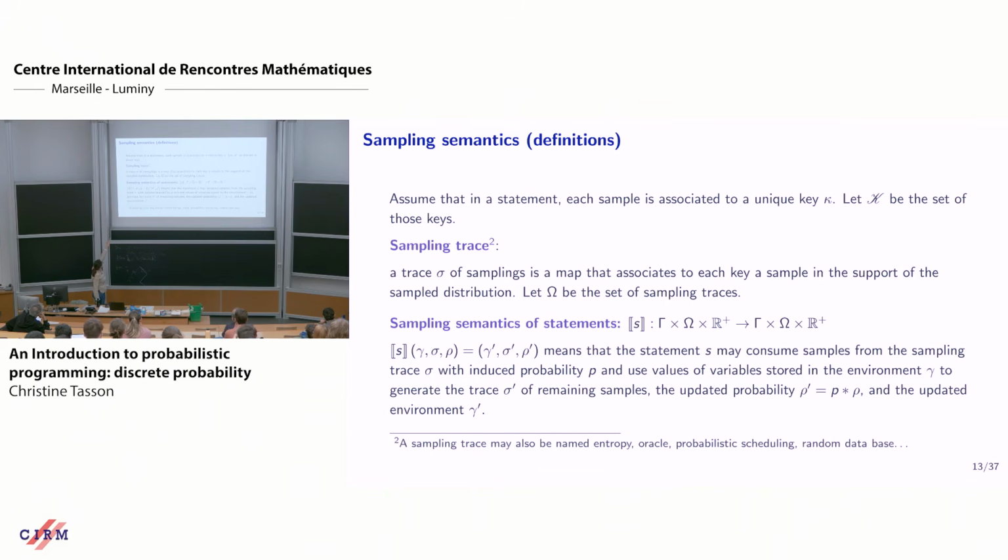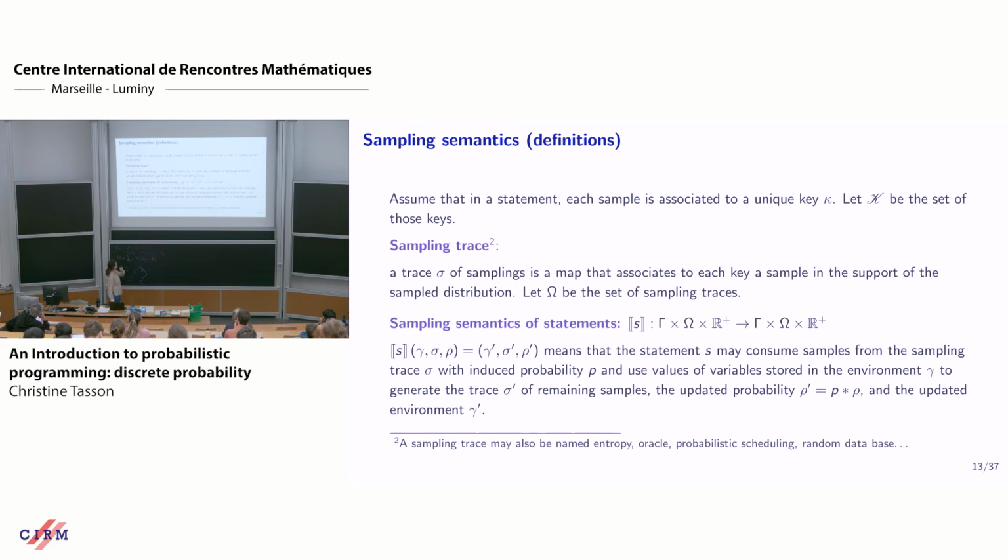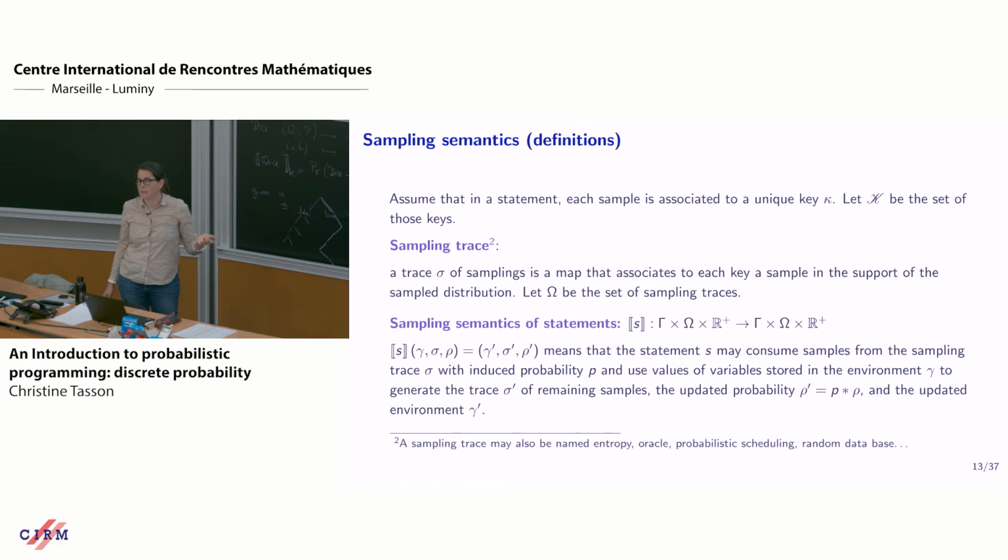If performing S over the environment, the sampling trace, and the probability gives me gamma prime, sigma prime, and rho prime, that means that the statement S may have consumed samples from the sampling trace sigma with induced probability P. It will have used values of the variables that are stored in the environment gamma, and it will generate a new trace of the remaining samples, the ones that I have not used for now.